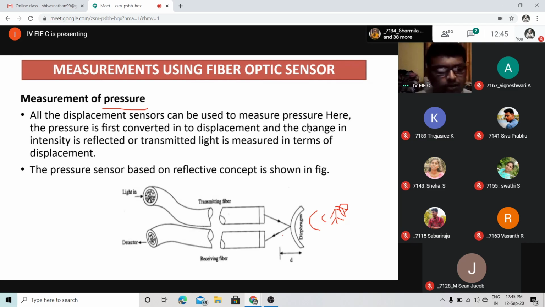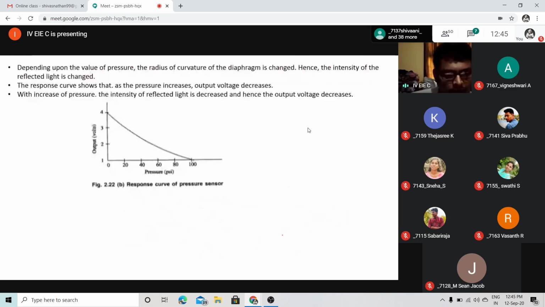Clear? So we have a response curve pattern for the pressure sensor. So it is visible, I think. The y-axis is going to be output in terms of voltage, whereas the x-axis is going to be in terms of pressure in PSI. This output in terms of voltage is going to be from a photodetector circuit.